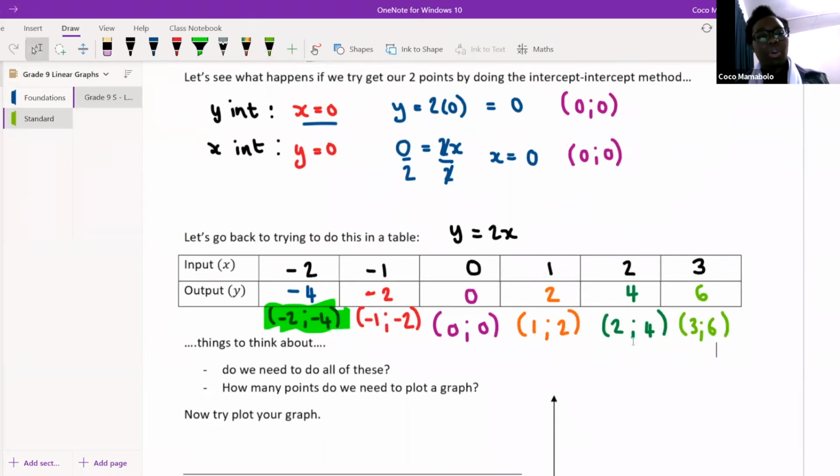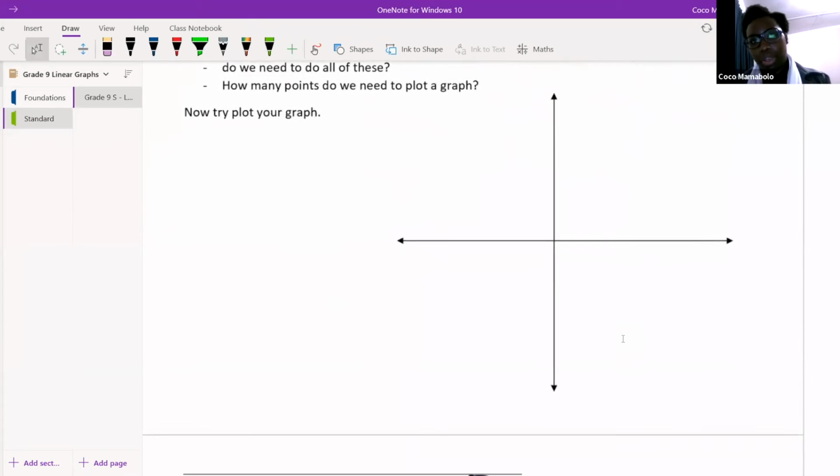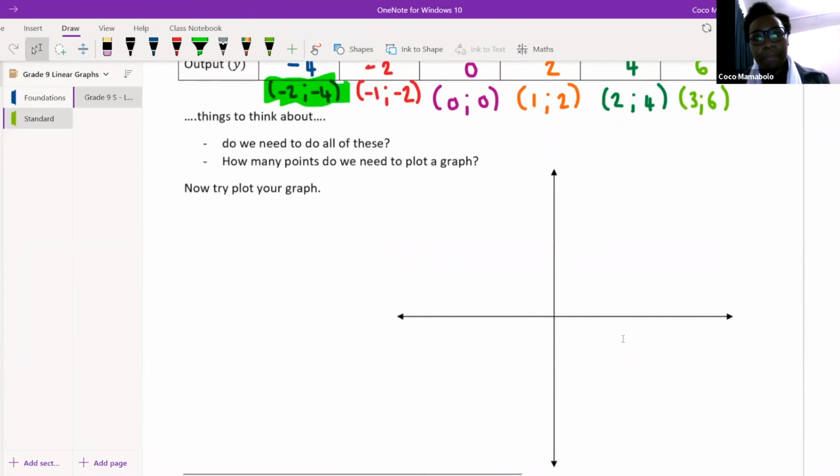So we know that all of these coordinates can be plotted on this graph. Now let's think about this logically. Do we really need all of these points? Do we need every single one of these points to plot this graph? In the other one, when we were doing y is equal to 2x minus 1, how many points did we look for?